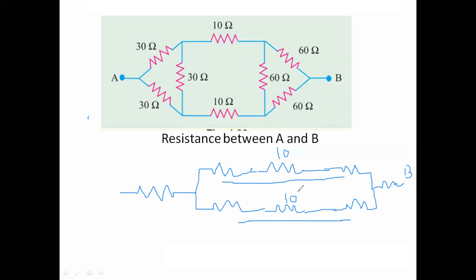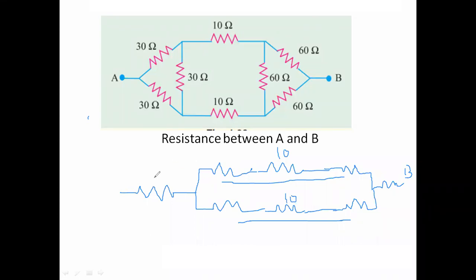So that's why, by using delta to star and star to delta, you can easily simplify. You only have to know how we can obtain these values.